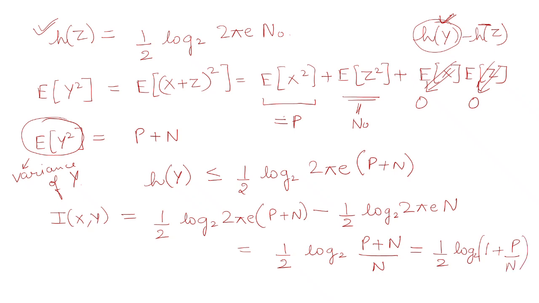And this is the well-known expression of the capacity of Gaussian channel. So we have log 2 (1 plus signal power by noise power).